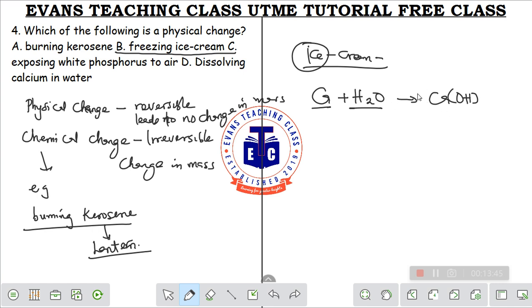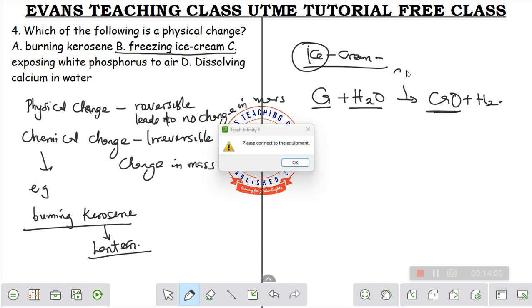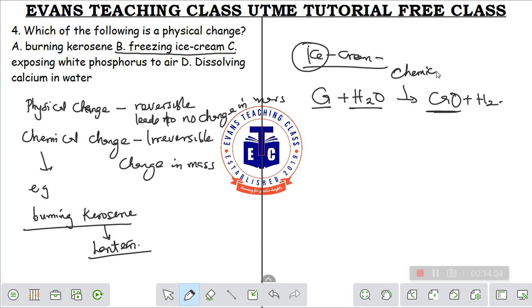When you dissolve calcium in water, I think it should be something like this. So it will give you a chemical reaction, and that one is no more a physical change, but it's a chemical change because you cannot reverse it again. It is irreversible. So it's actually a chemical change.